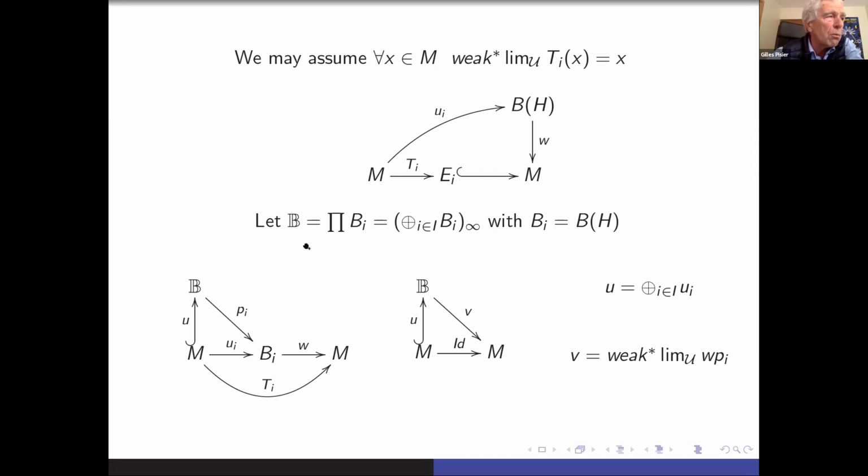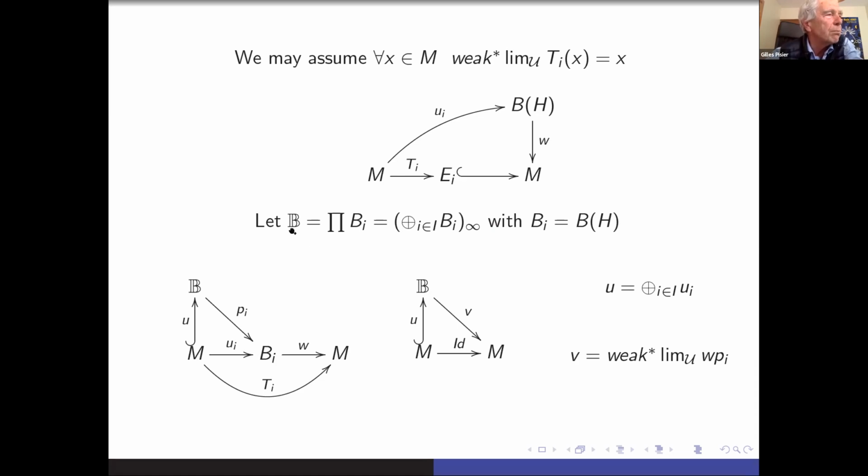So now we form the direct sum simply of copies of B of H. That's denoted like this by operator algebra people. I can never get used to that notation because for me the product is the product. So that means that actually the unit ball is the product of the unit balls, and the algebra is the direct sum in the L infinity sense of these spaces Bi. So that's the Banach space notation for the same thing.